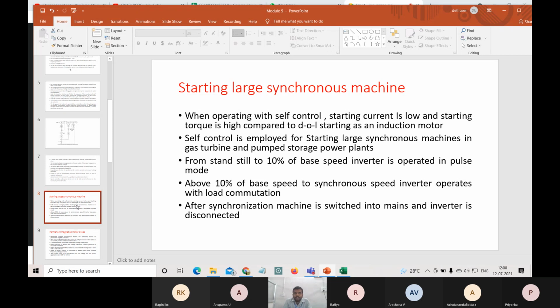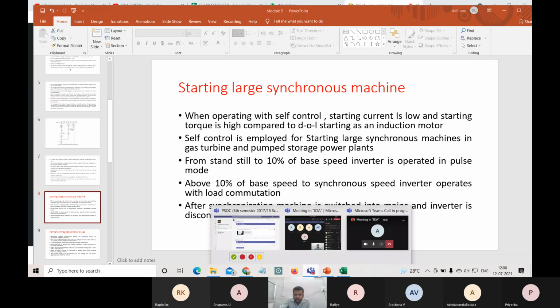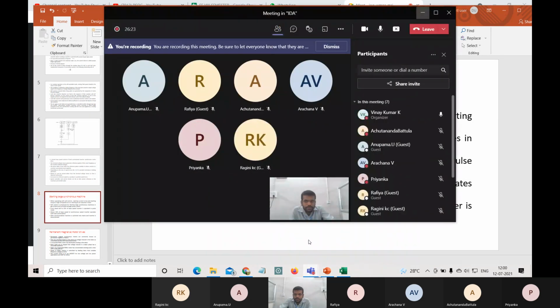Once the inverter is disconnected, you can declare that the machine is started. So that's the thing about starting a large synchronous machine.